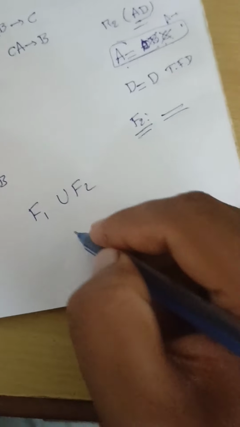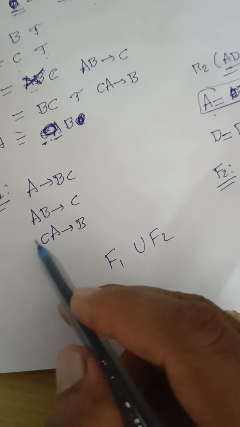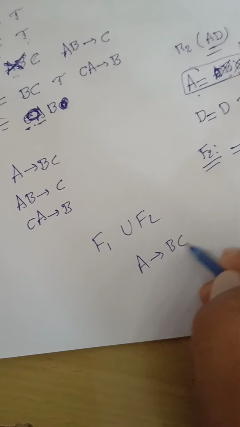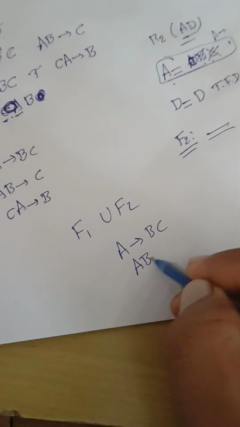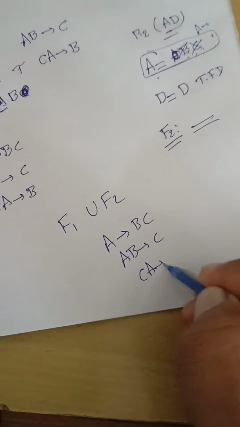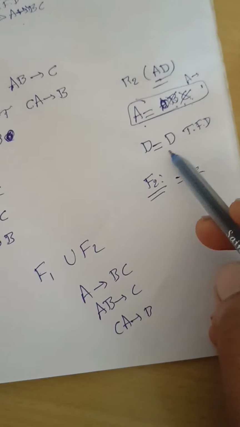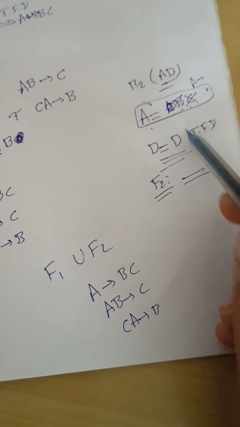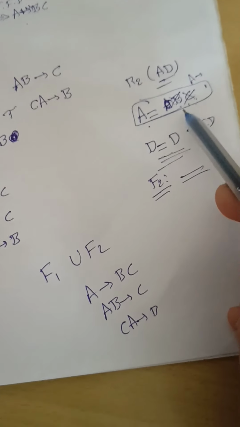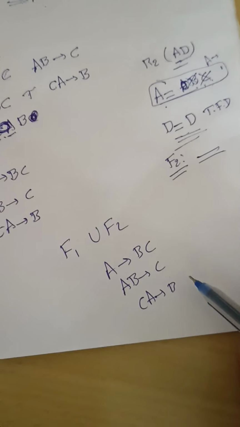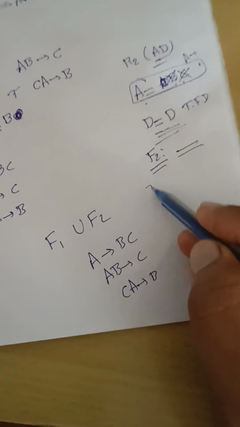Finally, what is the meaning of F1 union F2? F1 has A implies BC, AB implies C, CA implies B. Union means we consider all of these. In F2 only trivial functional dependencies are available, and they are of no use, so we can't consider them. Now we check the main functional dependency in the decomposition.